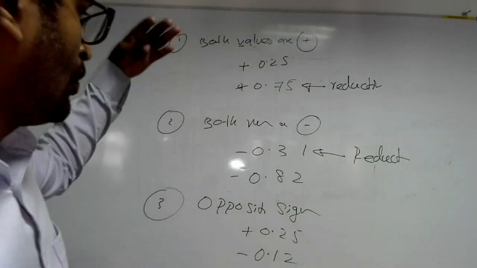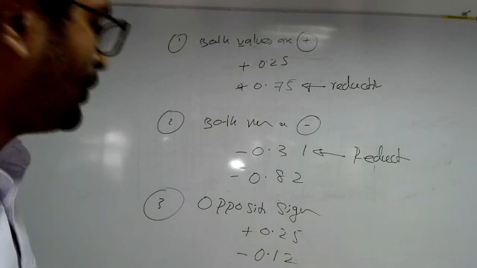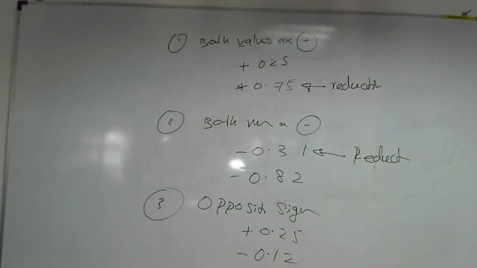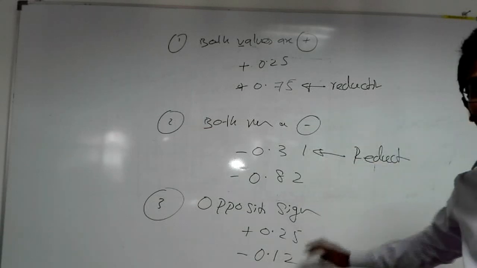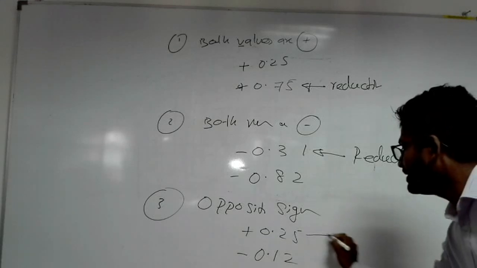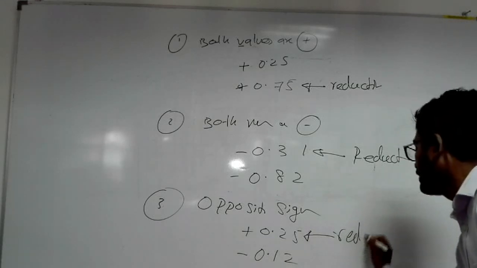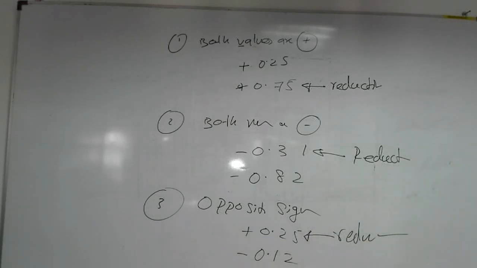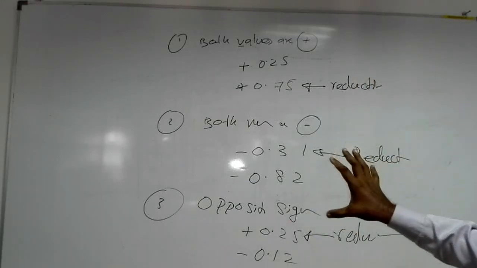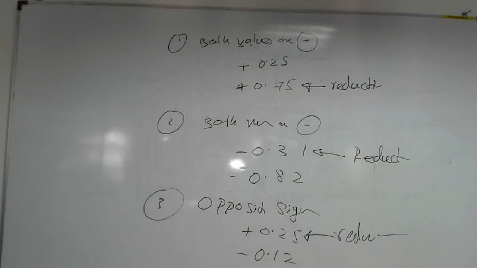One end has a plus 0.25 value and the other end has a negative 0.12. When we consider this, the reduction part is the most positive part. So this one is the reduction part. According to this, you can decide how to identify the oxidation part and the reduction part of an electrochemical cell.